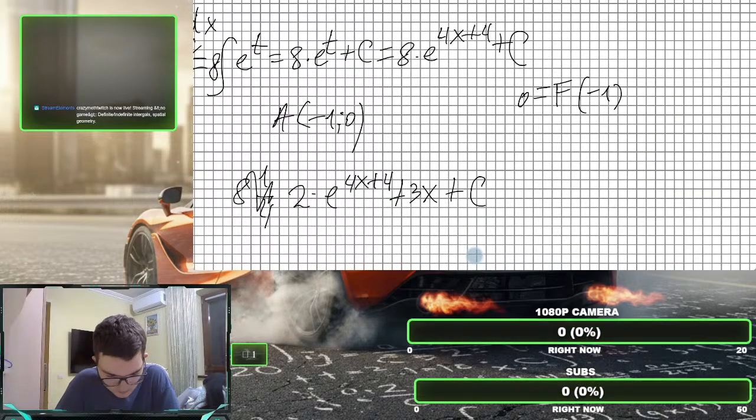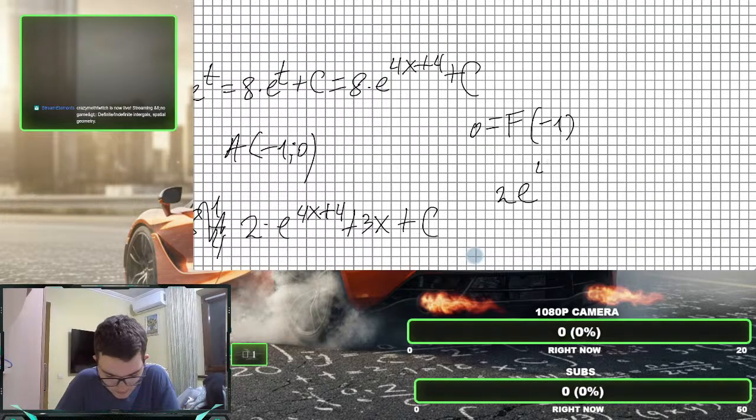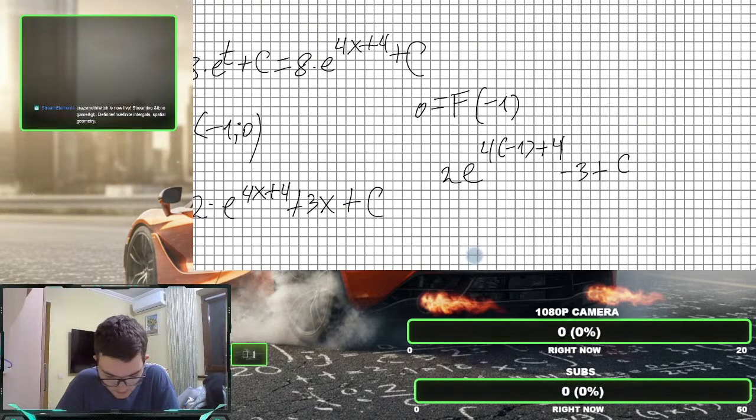Now I'm gonna solve it. 2e to the power of 4 times minus 1 plus 4, and I can just say straight away that it's minus 3 there, plus c, all of this is equal to 0.